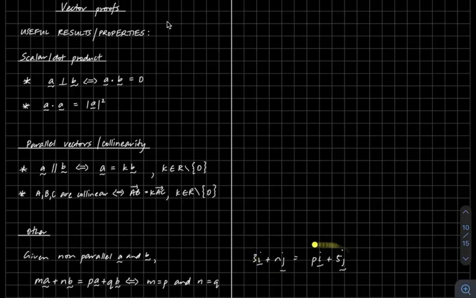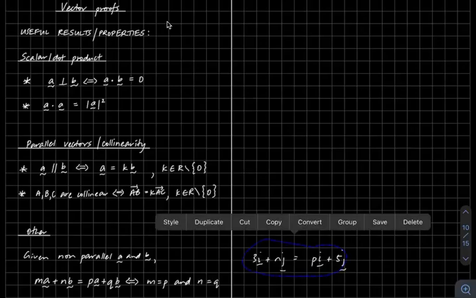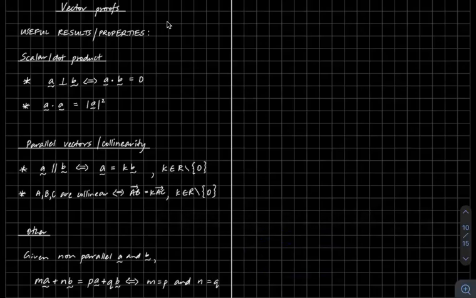But it's not only true for i's and j's and k's, it's true for any vectors a and b and c and so on. So again, that might be a useful one when we're trying to prove results if we can use those linear combinations. Alright, that's it for useful results and properties for vector proofs.